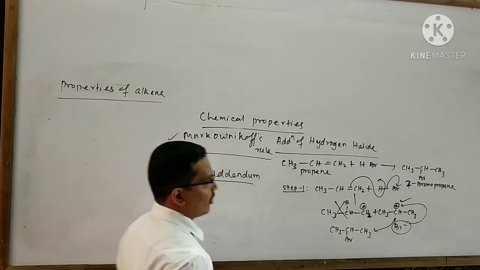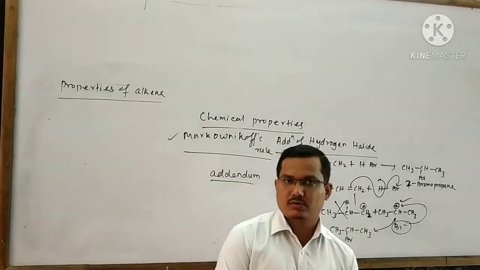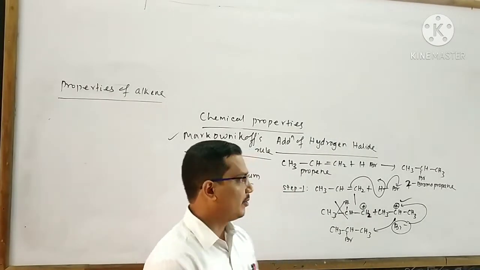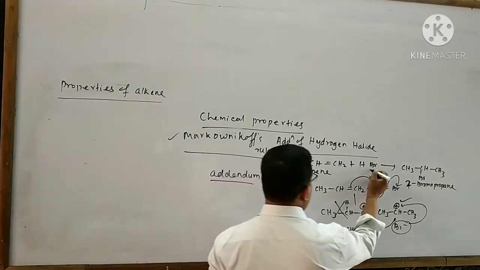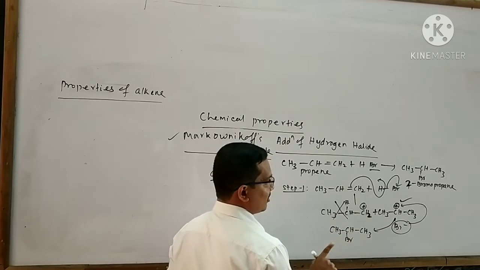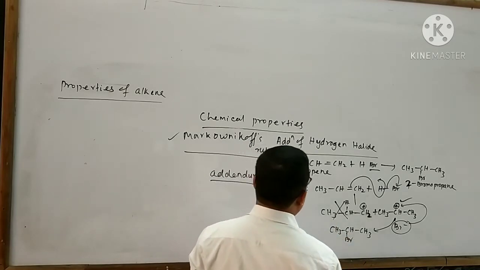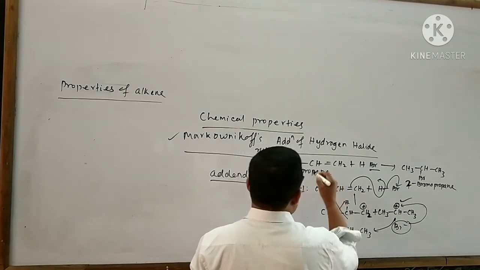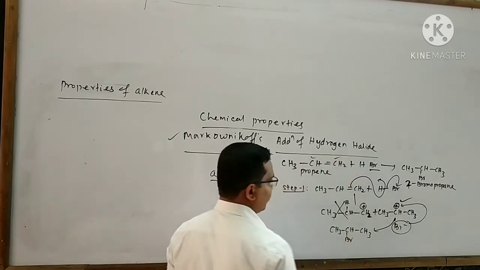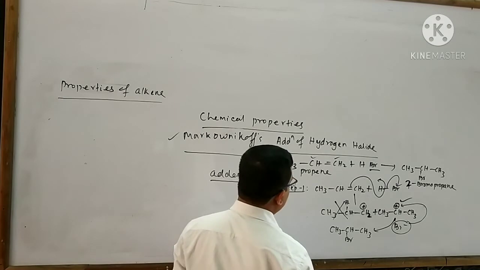According to Markovnikov's rule, the negative part will attach to the carbon atom which carries fewer hydrogen atoms. That means here the Br minus ion attaches to that carbon which carries fewer hydrogen atoms. Look at that. Here two carbon atoms are attached to each other through a double bond.